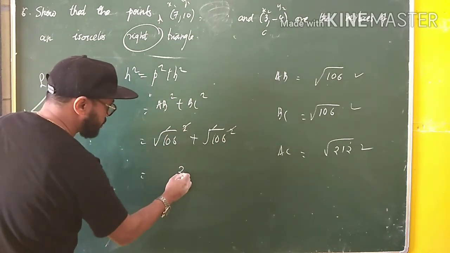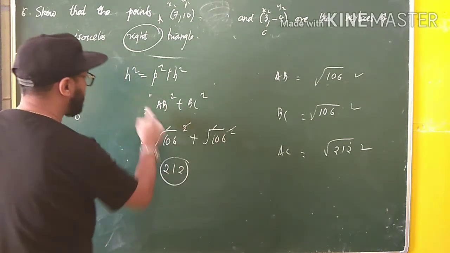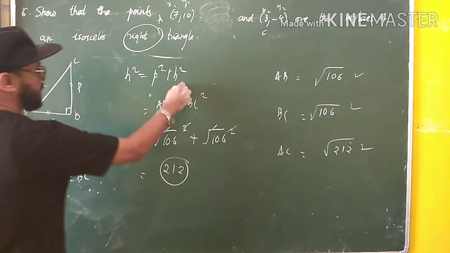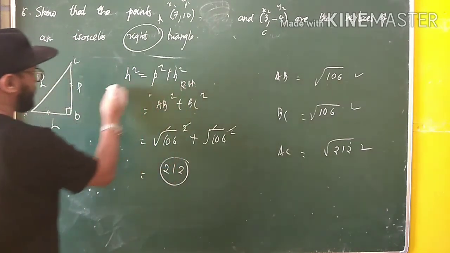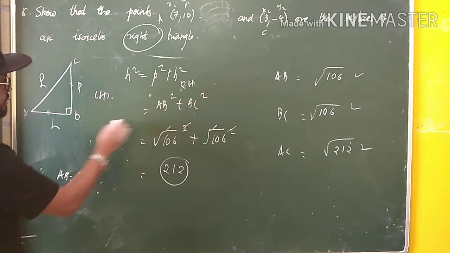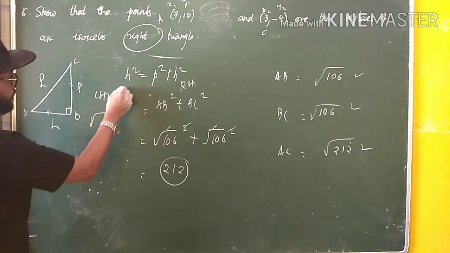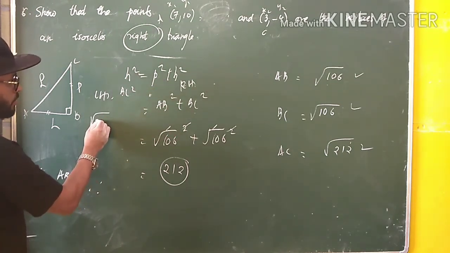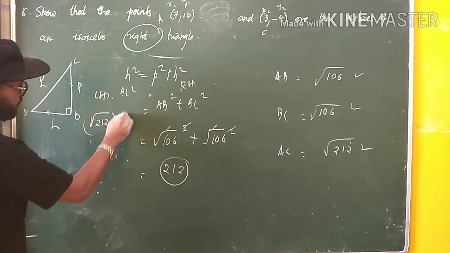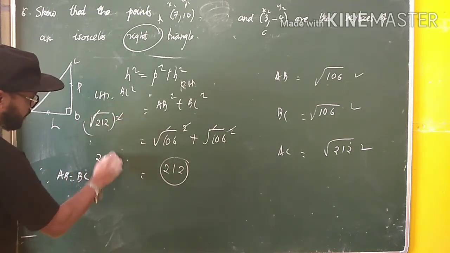Now this is your right hand side. Now if you take left hand side, H is your AC square. So this is your 212. So LHS is equal to RHS.